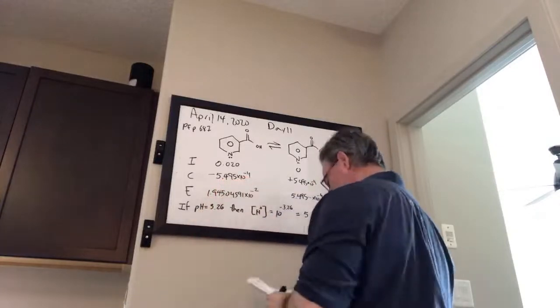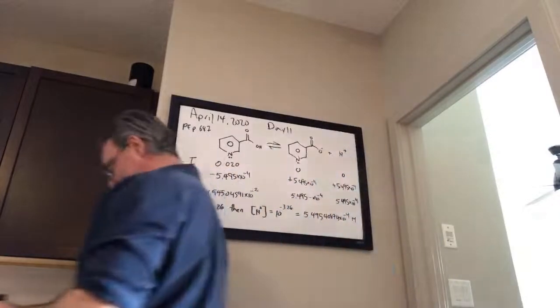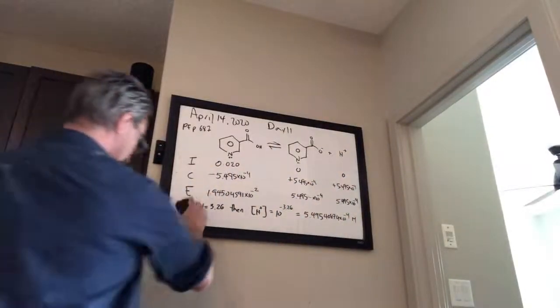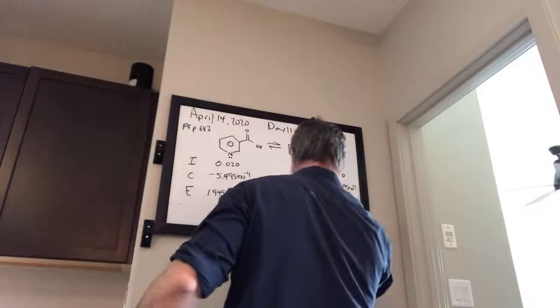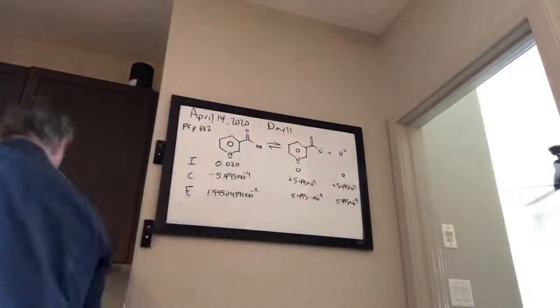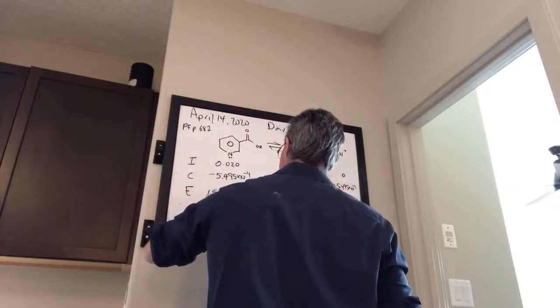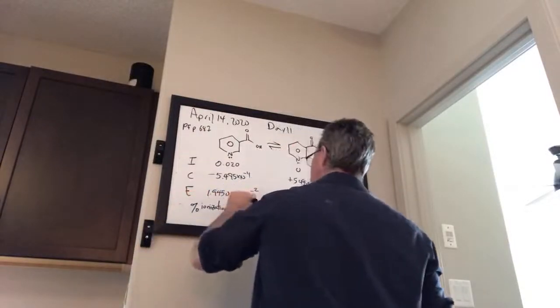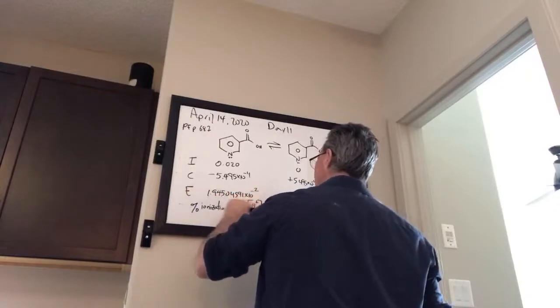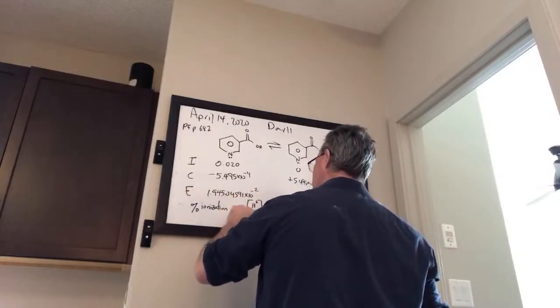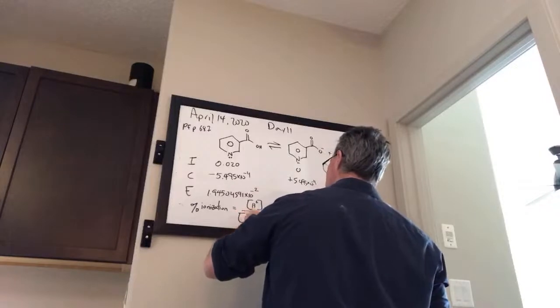So now we have to establish the percent ionization. I'll write how we do that here. Percent ionization is equal to the H plus concentration over the initial niacin concentration times 100.